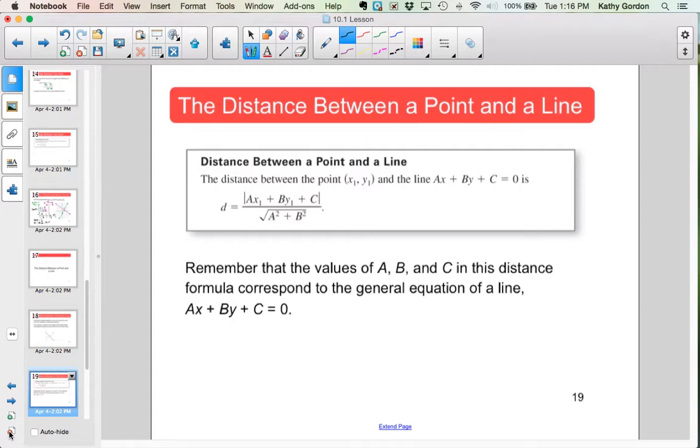Make sure you keep that straight on your paper and in your head. So absolute value of a x sub 1 plus b y sub 1 plus c. That's your numerator, absolute value of all that. Your denominator is the square root of a squared plus b squared.